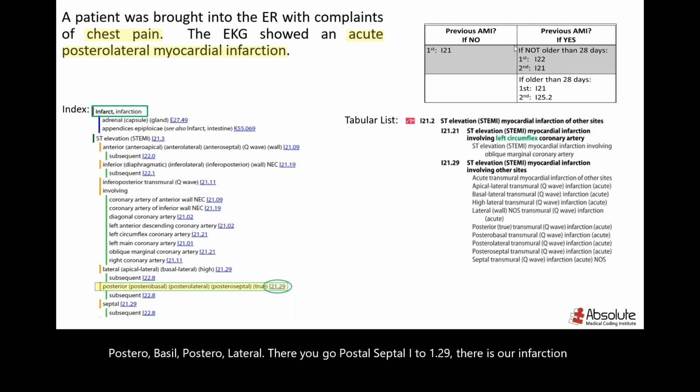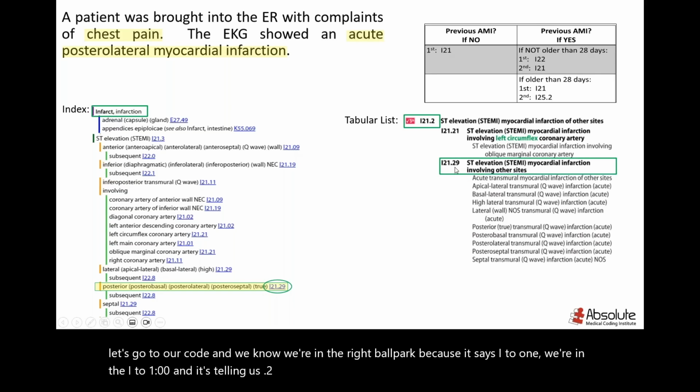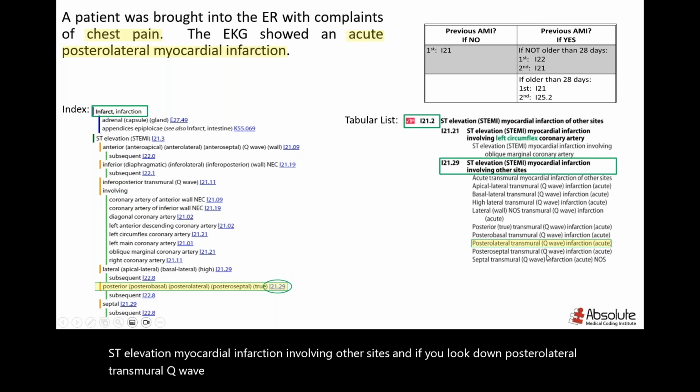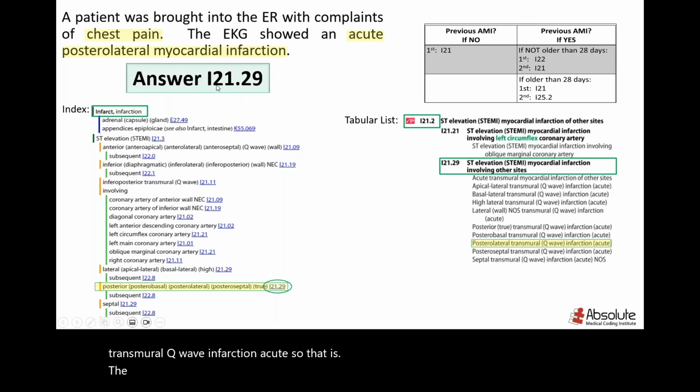So let's go to our code, and we know we're in the right ballpark because it says I21. It's telling us .29: ST elevation myocardial infarction involving other sites. And if you look down, posterolateral transmural Q wave infarction, acute. So that is the answer. If you said I21.29, way to go!